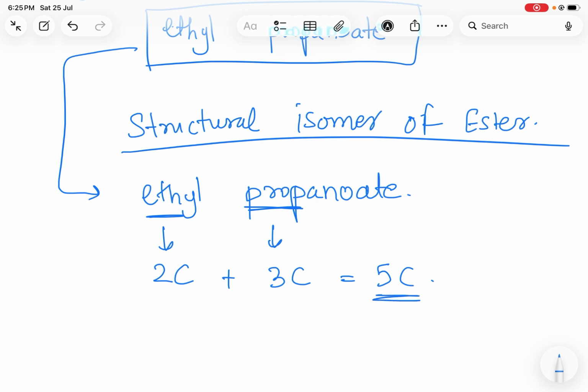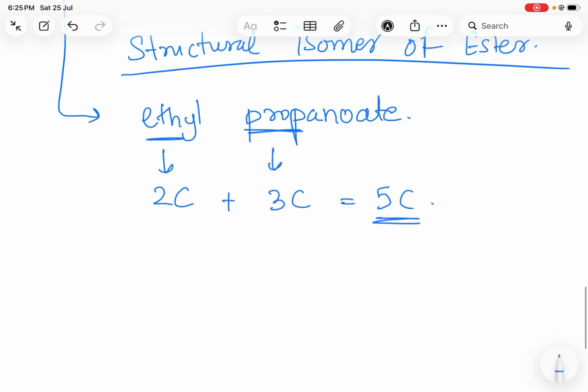Now, we have to find such combinations of alcohol and carboxylic acid that the total of the compounds comes to 5 carbon atoms. So one way, here my ethyl was ethanol and prop was the carboxylic acid, that is propanoic acid.